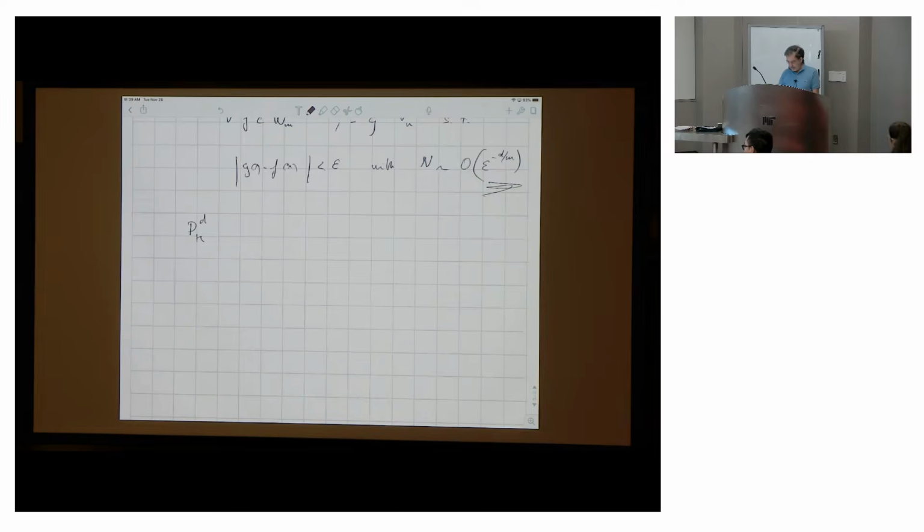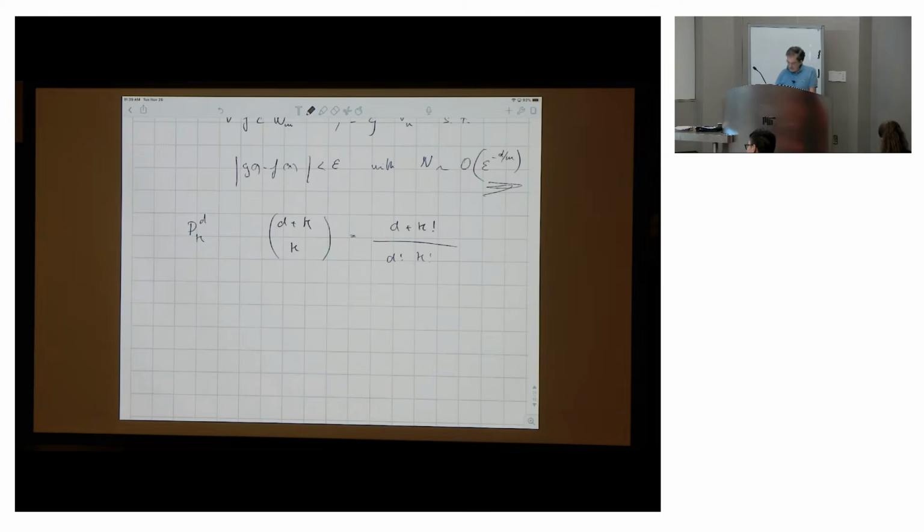You have d plus k choose k monomials, which is (d plus k) factorial divided by d factorial k factorial.